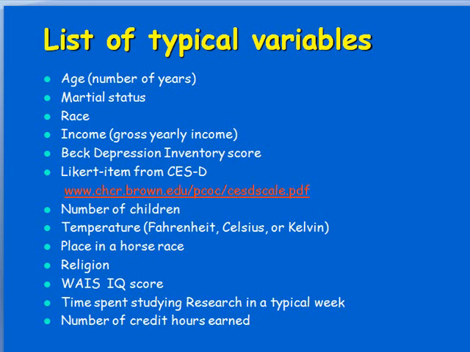The answer is ratio, because again, somebody can be twice as old as somebody in the number of years. And even though we don't think of somebody being 0 number of years, conceptually it makes sense. Let me compare that to an interval level variable. Temperature.